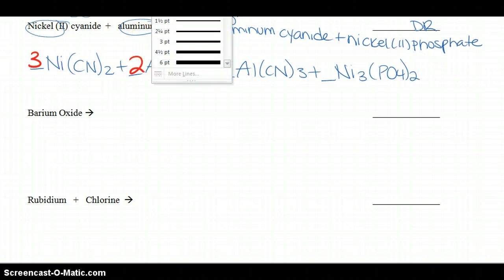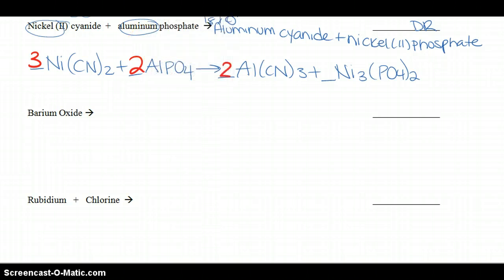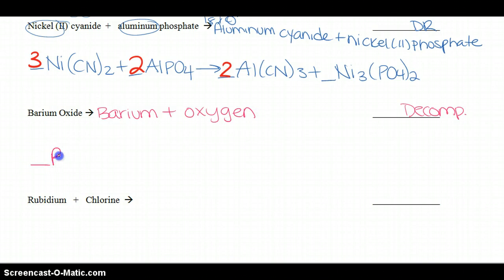All right. Barium oxide, an individual compound. That tells me it's decomposition. In decomposition, our compound splits into its elements. So we have barium plus oxygen. Okay. Barium has a +2 charge, oxygen has a -2 charge, so it's just BaO.